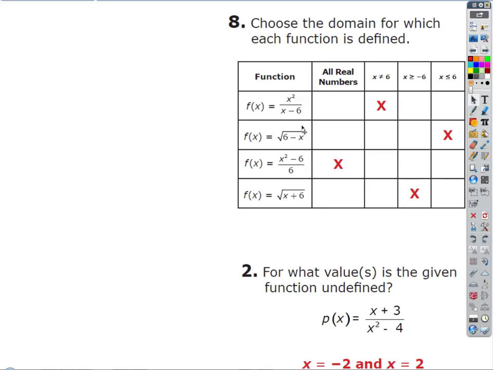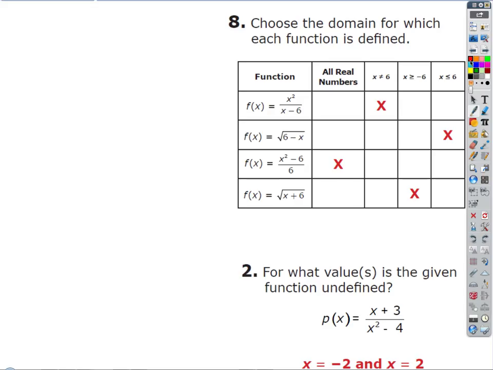But Tyler, is there an x value that would make the bottom 0? 6, right? So 6 can't be part of the domain. We have to eliminate that one because the function would blow up there. It doesn't exist there. So that's going to be our domain for this one: x is not equal to 6.